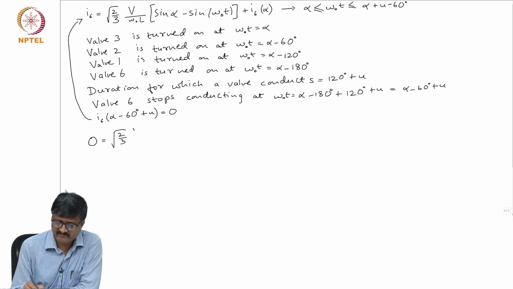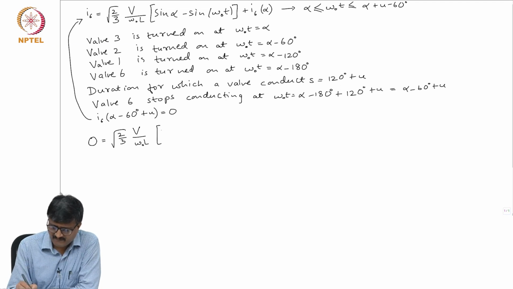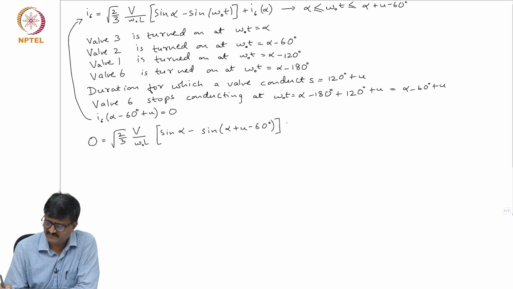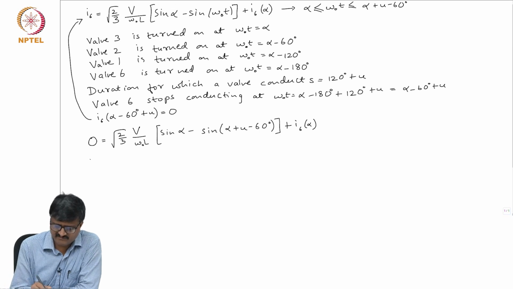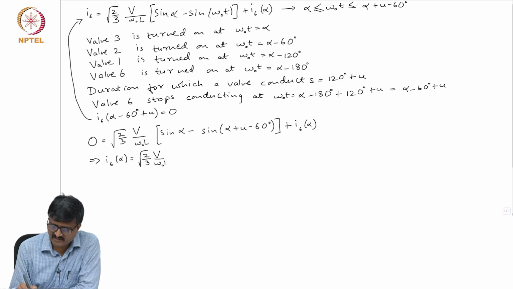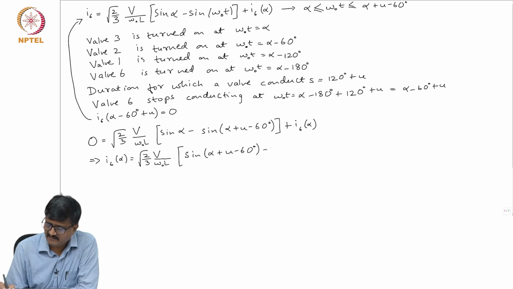So, 0 equals root 2 by 3 V by omega OL into sin alpha minus sin alpha plus u minus 60 degrees plus I6 of alpha. So, this gives the expression for I6 of alpha. So, I6 of alpha is root 2 by 3 V by omega OL into sin alpha plus u minus 60 degrees minus sin alpha.